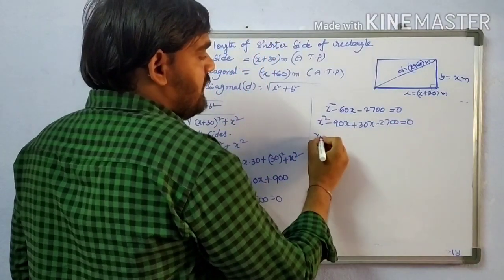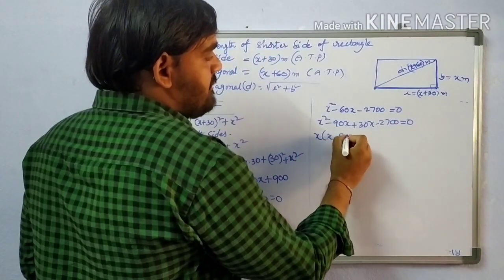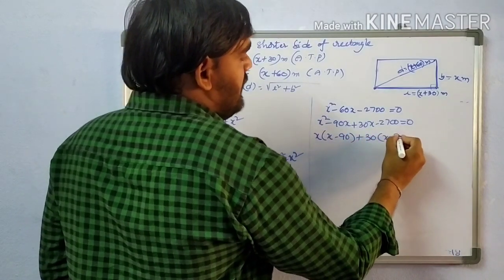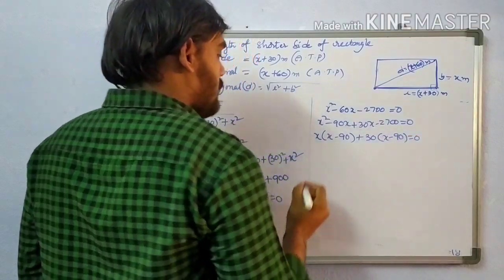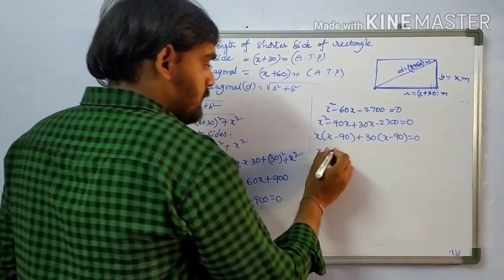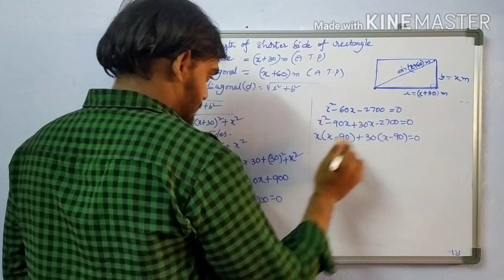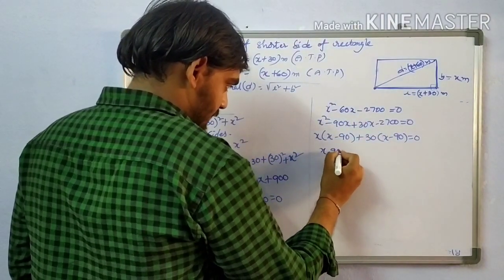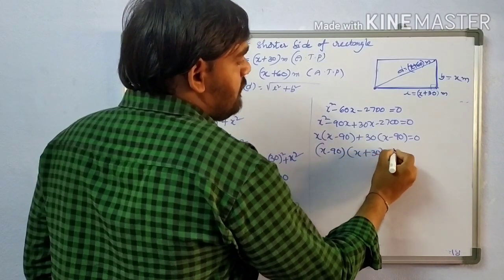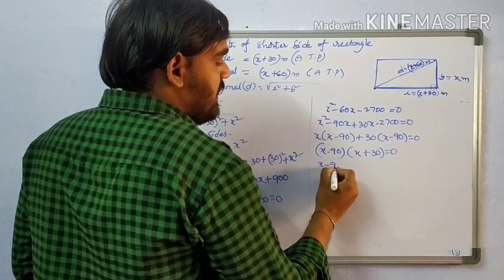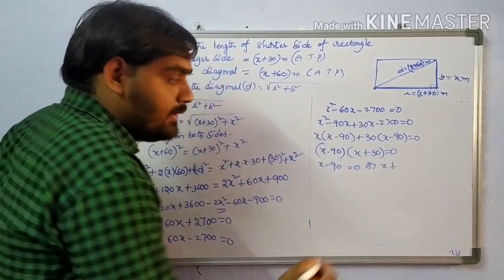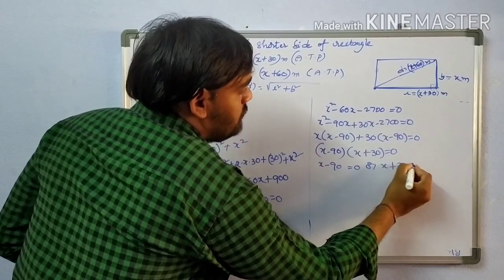Now from these two terms, if I take x common, x minus 90; from these two terms if I take 30 common, x minus 90. Now x minus 90 is common, so x plus 30 is equal to 0. Now x minus 90 is equal to 0 or x plus 30 is equal to 0.